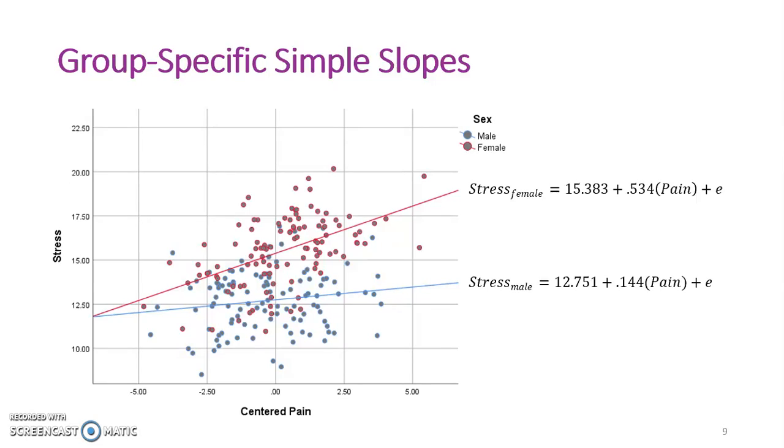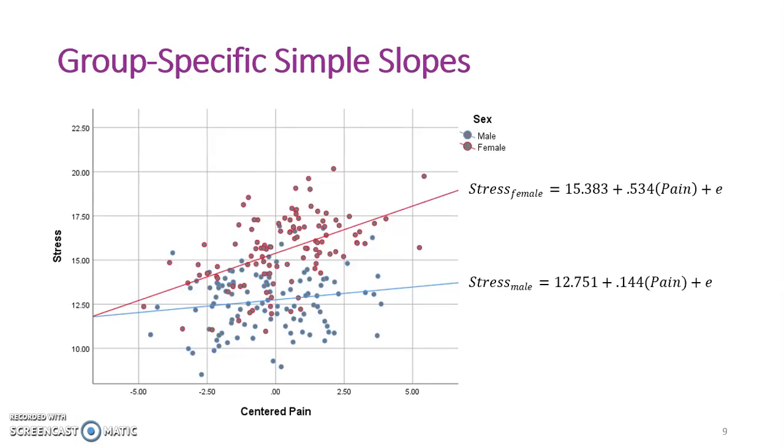So I've showed you how to calculate these equations, and now let's look at how they map on to the simple slope plot. This actually makes sense because we have pain centered. So looking at a score at the very center of the plot is where pain is a score of 0 because it's centered. And so that is where we're going to find the constant.